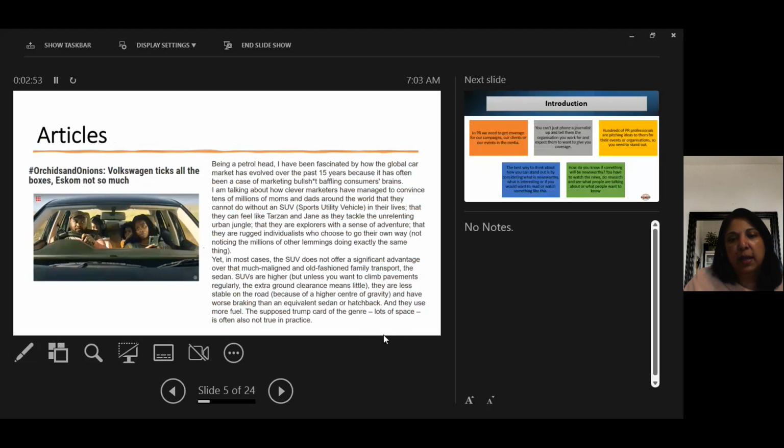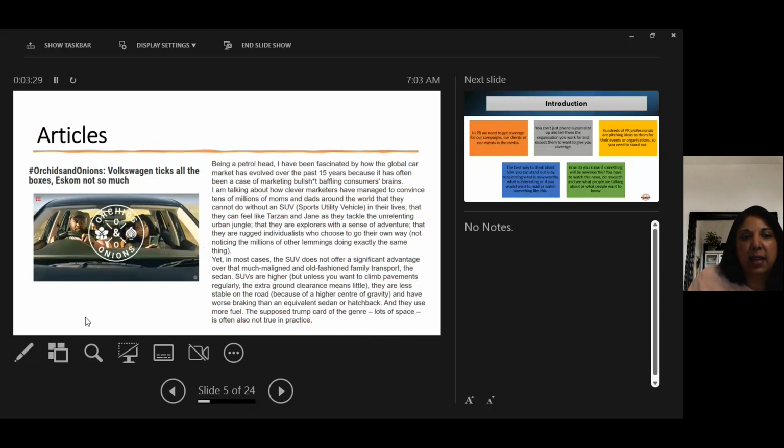SUVs are higher, but unless you want to climb pavements regularly, meaning that you can go bundu bashing, climb the curb when there's no parking, that is what they mean. You don't really have a use for it, right? So a sedan or a hatchback is a car of choice that many people can still use as family vehicles.